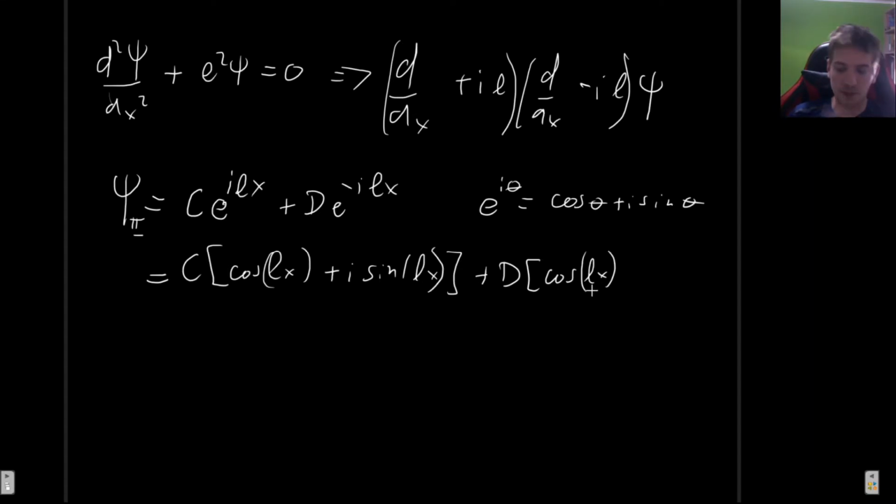Remember that cosine of minus Lx is the same as cosine of Lx because it's an even function. And then we have minus because sine is an odd function. So the minus sign inside the argument can just go outside, because sine of minus x is the same as minus sine of x. So we get minus sine of Lx.